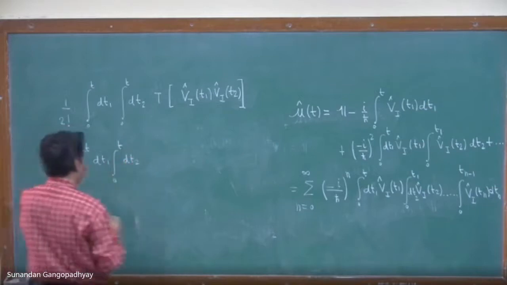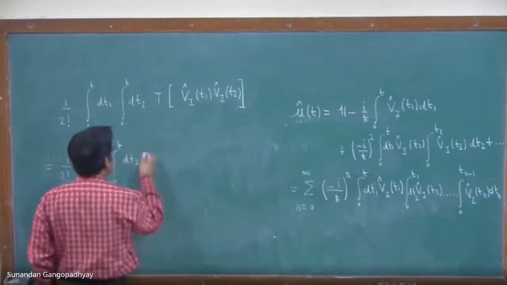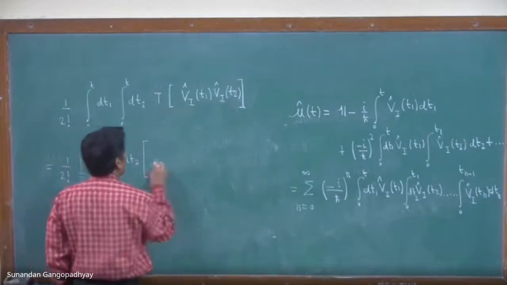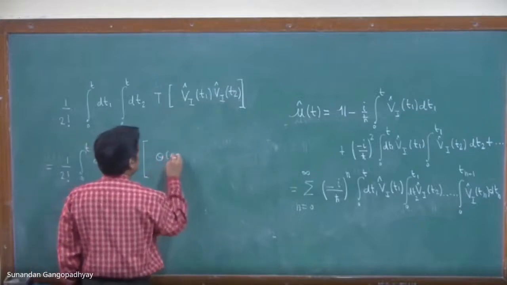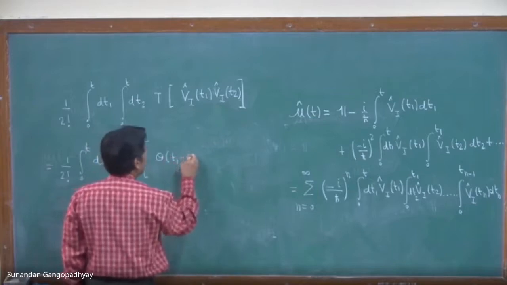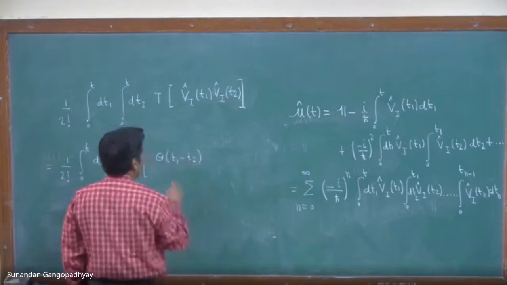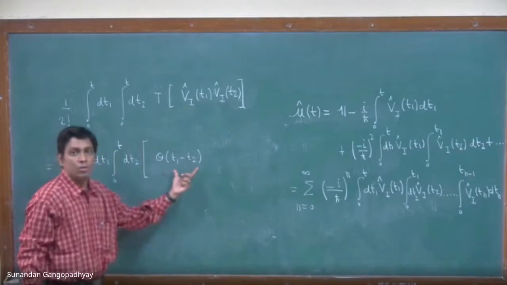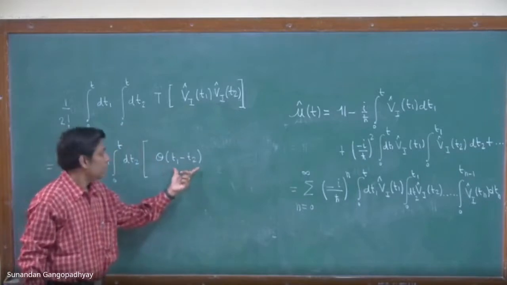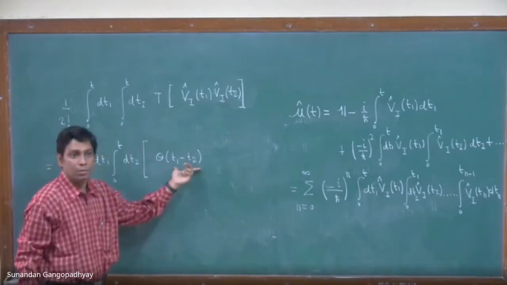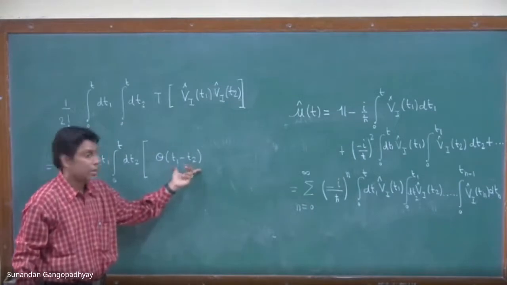And then you can write down the definition of this time ordering operator. This is basically a theta function, theta of t1 minus t2. So this means that this will contribute only when t1 is greater than t2. When t1 is greater than t2, it is basically 1.